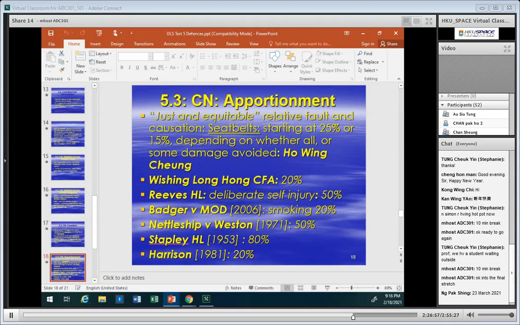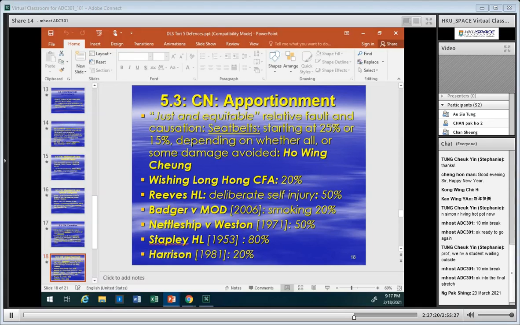And then with regard to the actual reduction, the apportionment of the damages, it does depend on the court in a particular case because of the wording of section 21, which says that the damages shall be reduced as the court thinks just and equitable, having regard to the claimant's share in the responsibility for the damage.